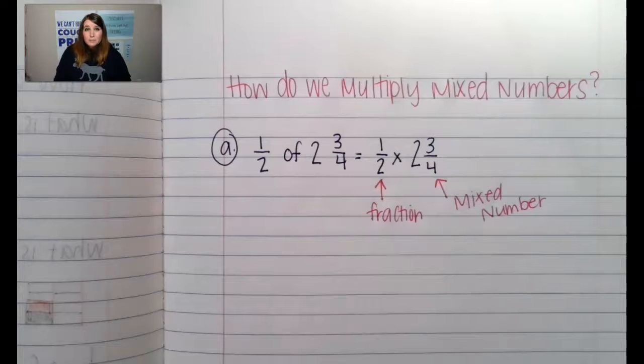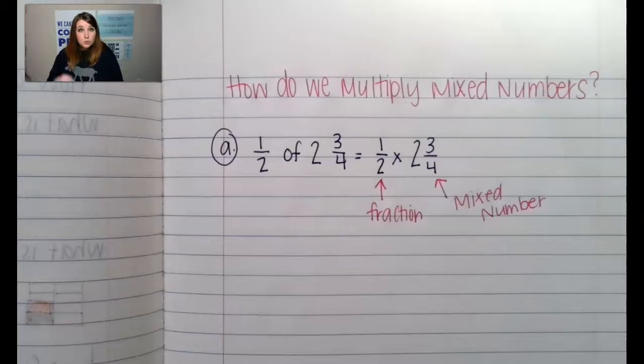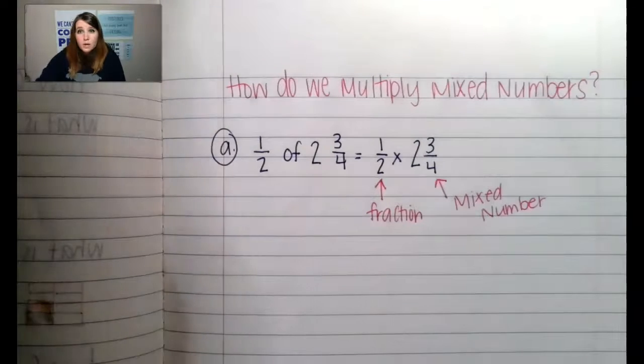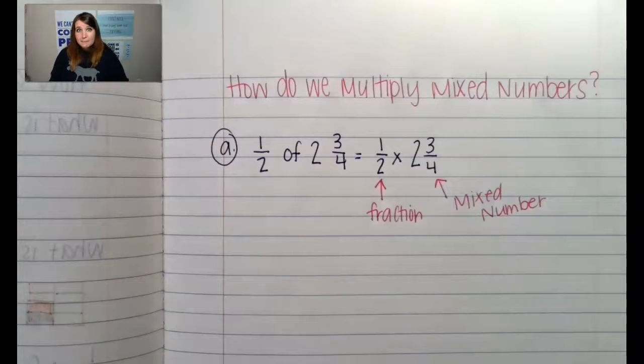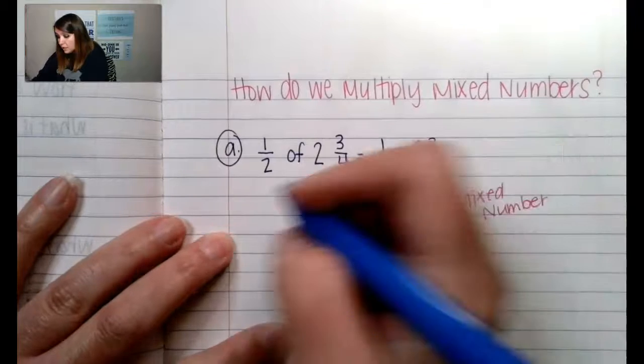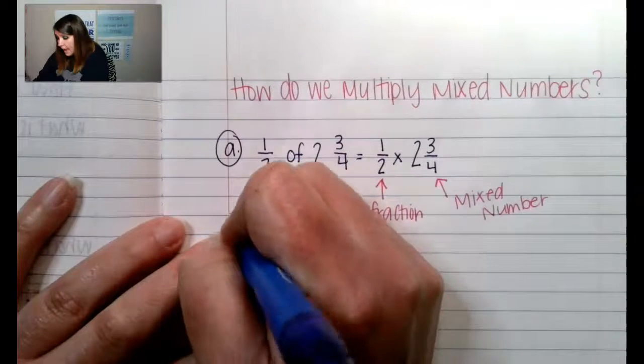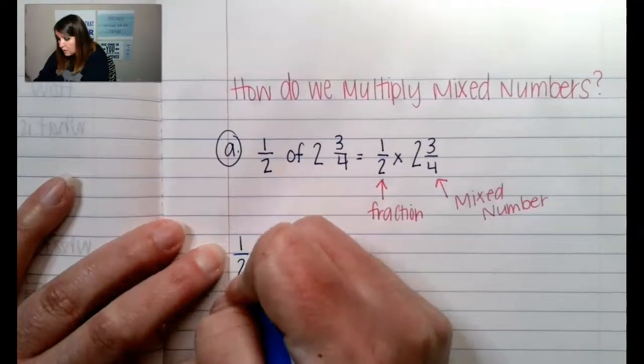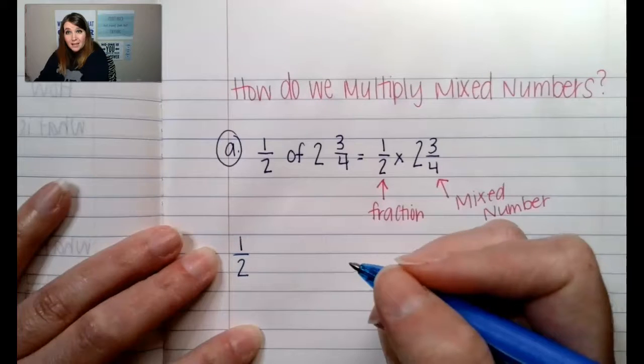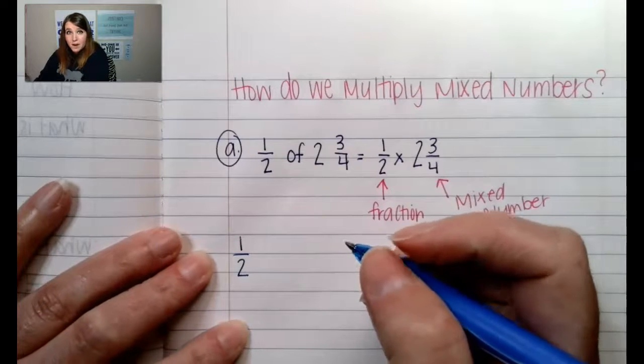I can't do it because I don't have the proper fractions here, or improper fractions, to be able to do what I need to do as a mathematician. But I have the tools from my tool belt. So we're going to pull out our tools and make this happen. I do have a fraction, so I'm going to take my 1/2 and pull this down because I need a fraction by a fraction.